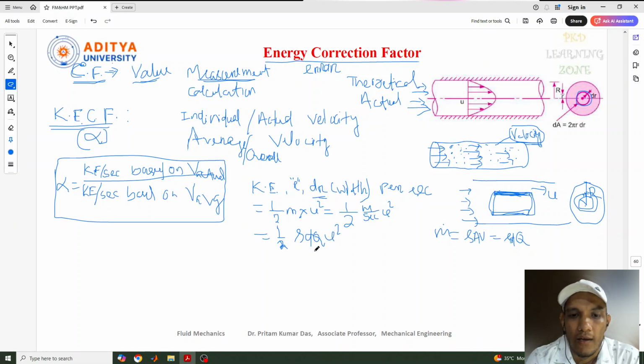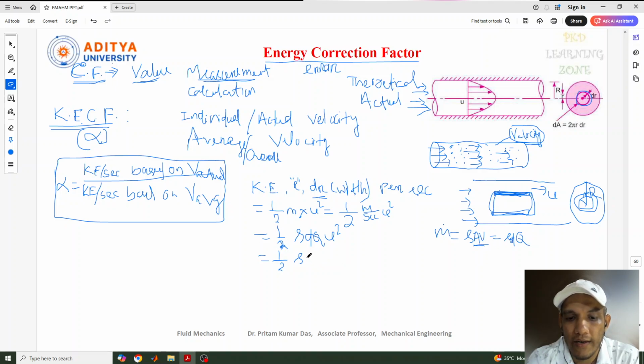Again, if you want to write this in terms of area and velocity, I have written rho dq u square, and in place of dq I can write AV, area into velocity.